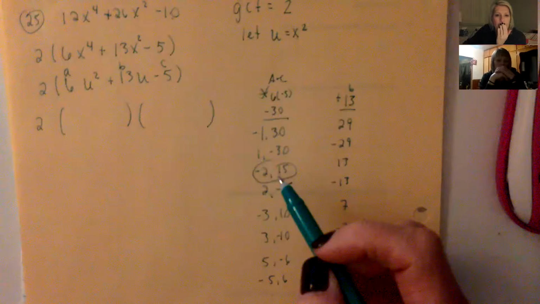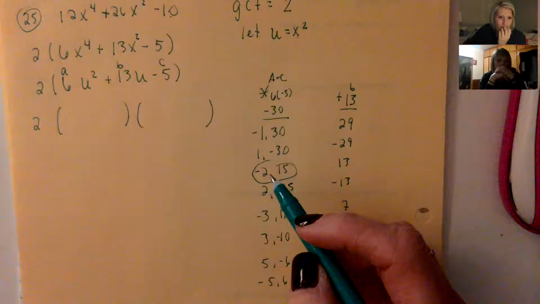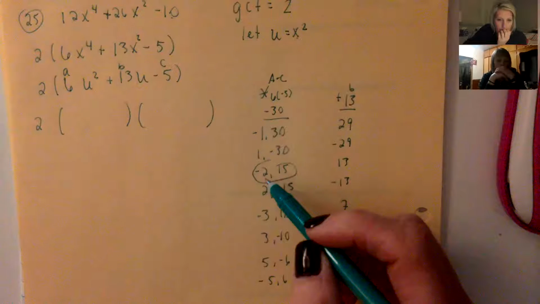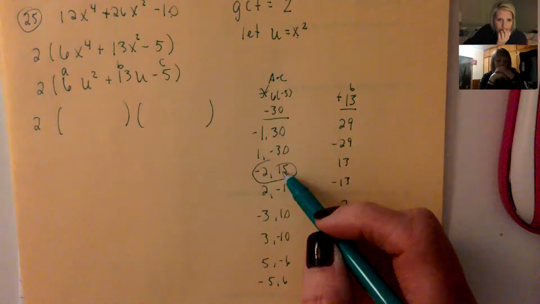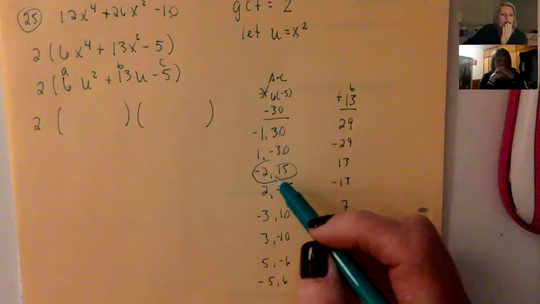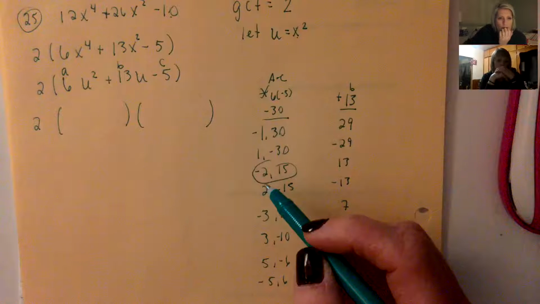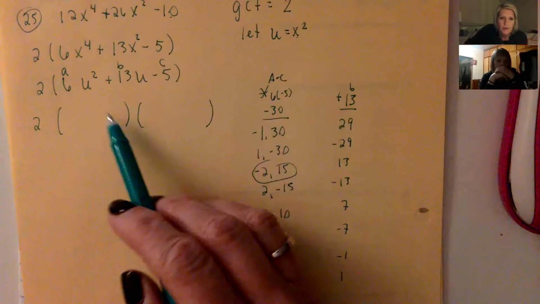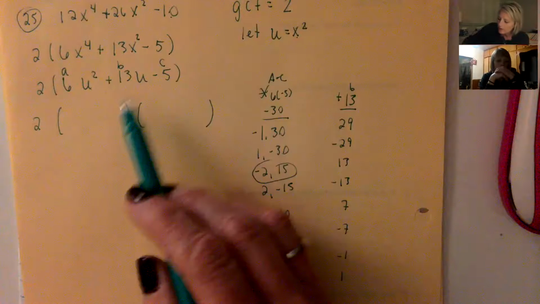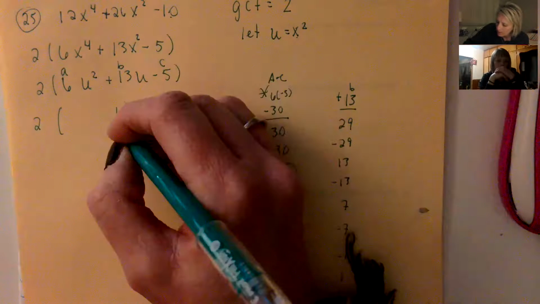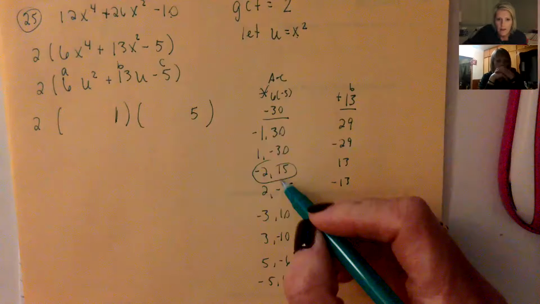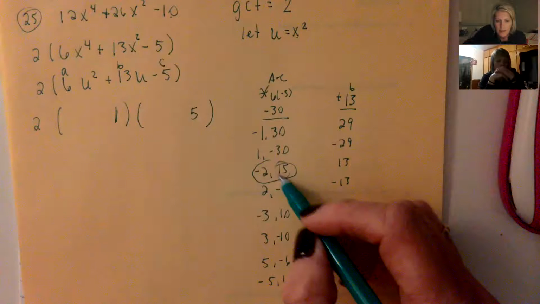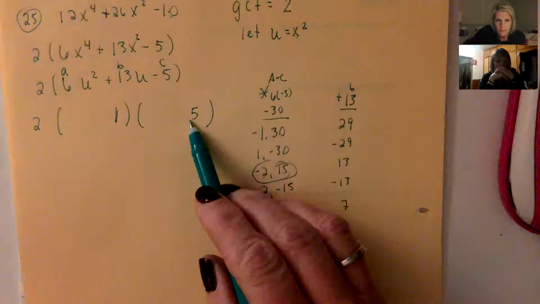All right. So we've got negative 2 and 15. This has to multiply to make 5 out here, so one of these is going to be 5 and one's going to be 1. The one that multiplies to make the 15, with negative 2 times 15, has to multiply by a 3.